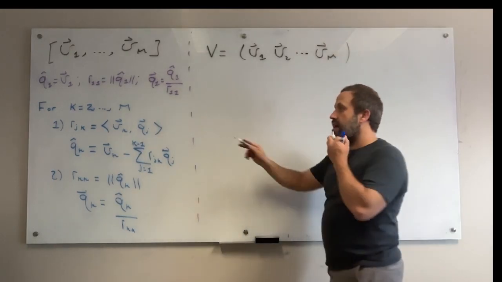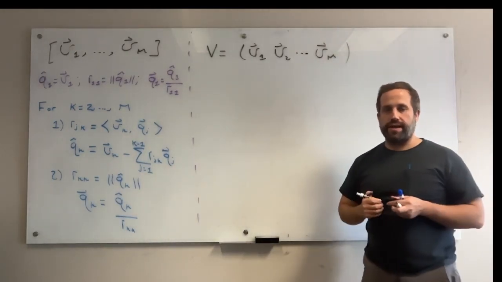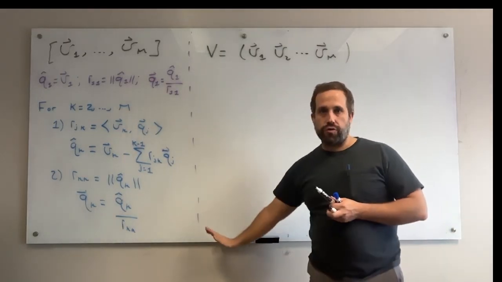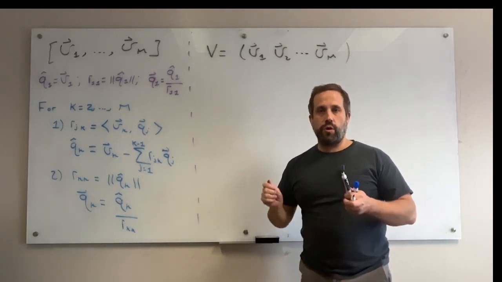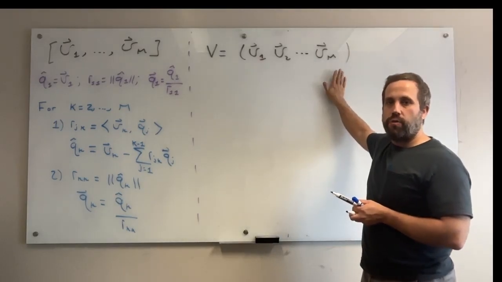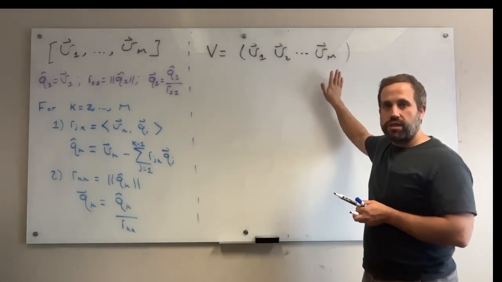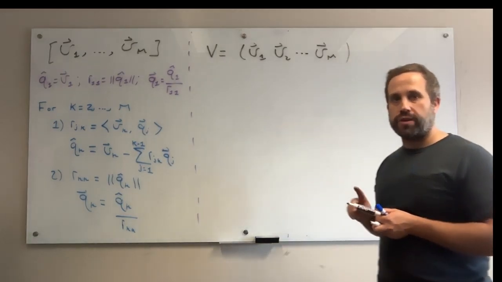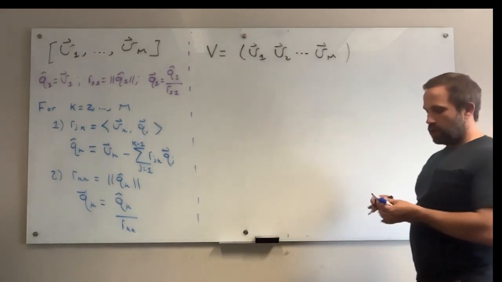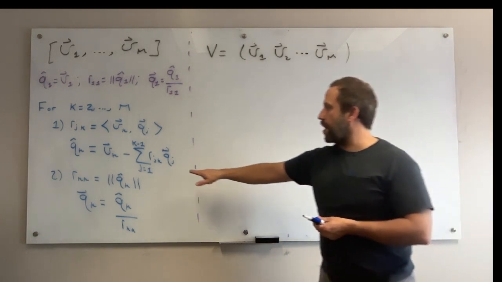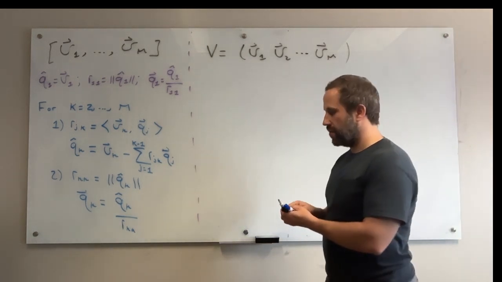What this algorithm is going to let us do, in addition to having an orthogonal set of vectors like this, is decompose this matrix in a special way. We're going to decompose it according to something called the QR factorization, and I'm going to show you what that is now.